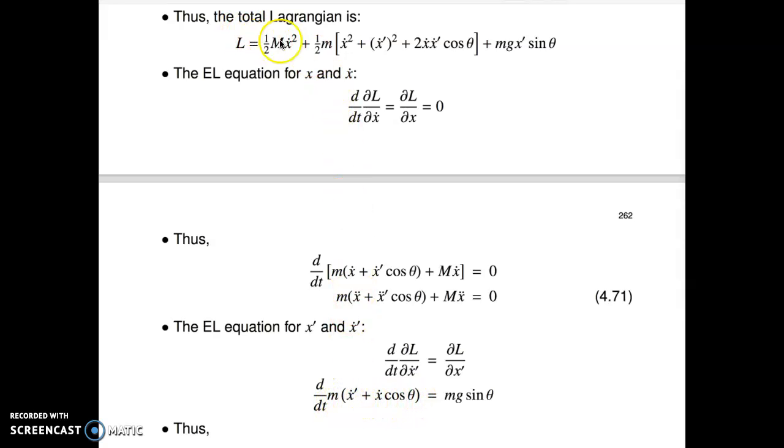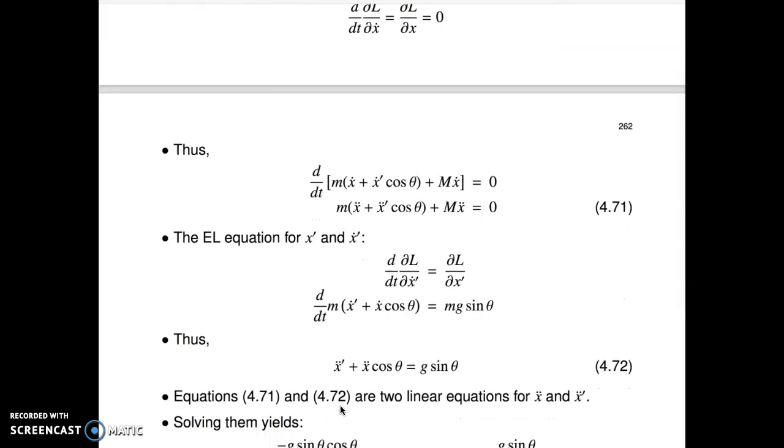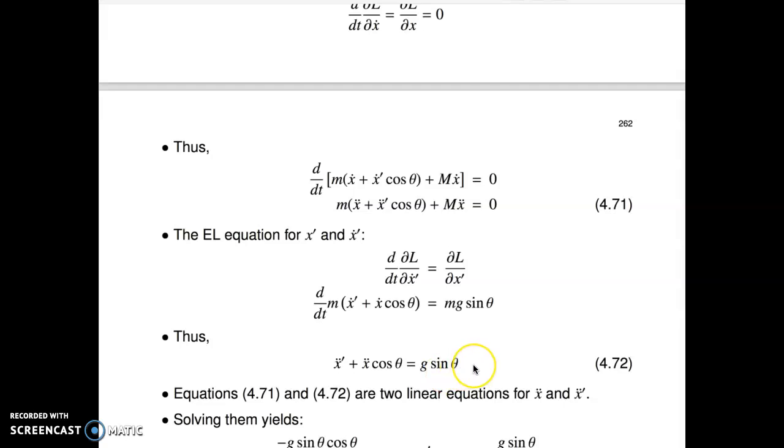So just go back up here, look for x primed dot. Here's one, here's another one. So there are two places. So there are two terms that show up in this derivative. Take the time derivative again, and you get this equation.